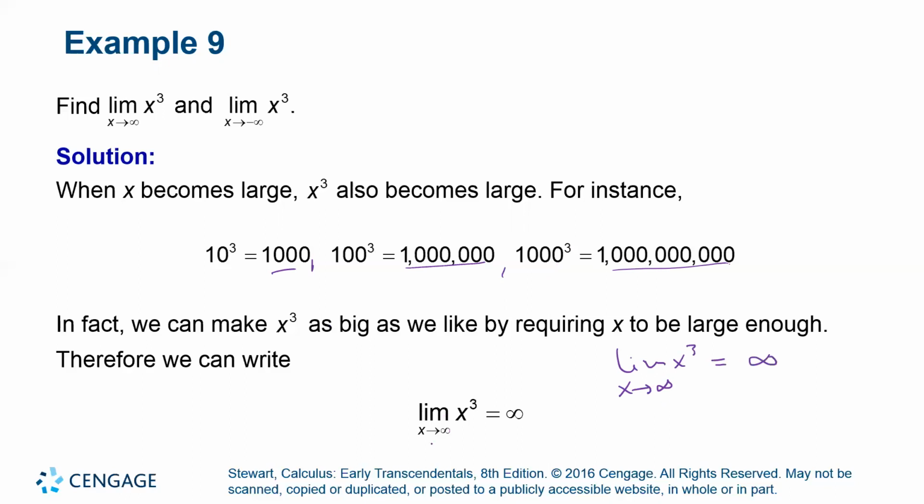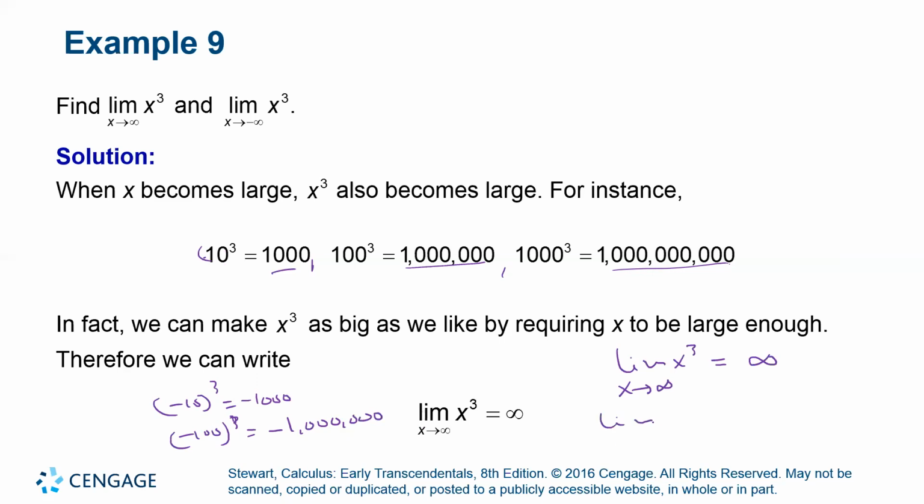Similarly, if x is -10 and you cube this, you get -1,000. If you have -100 and cube that, you get -1,000,000. So it's going to go to negative.